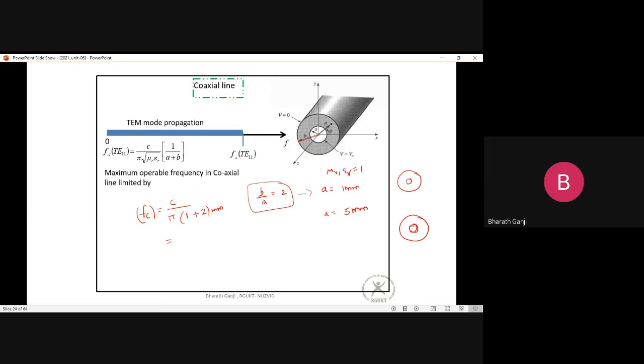If we calculate this, let me do it. You have a pi here. So 3 into 10 to the power of 8 divided by pi into 3 into 10 to the power of minus 3.